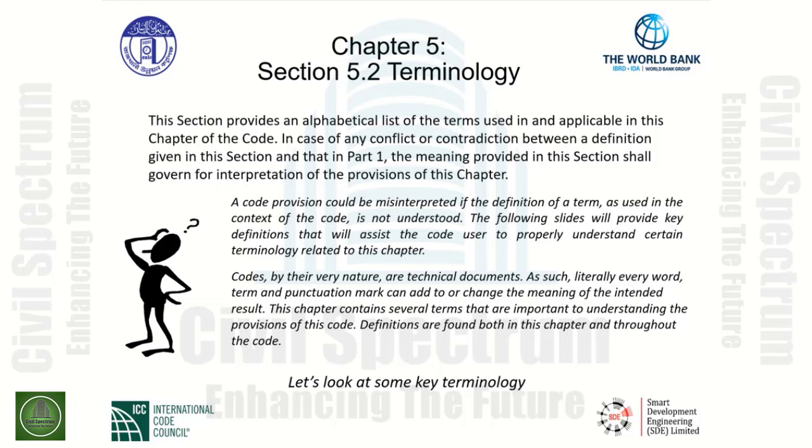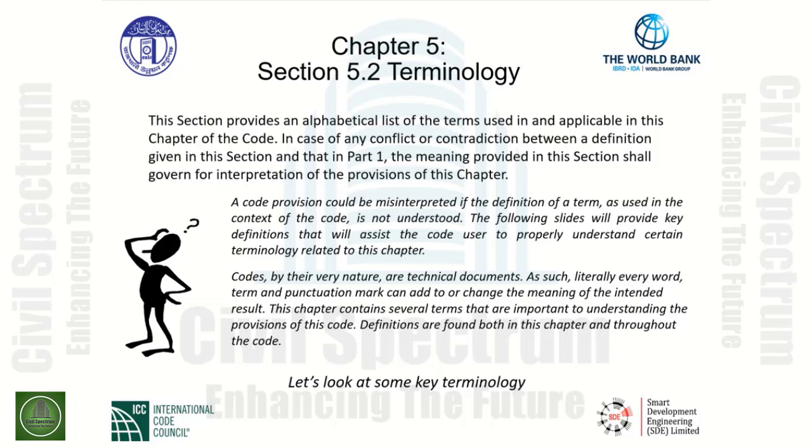In case of any conflict or contradiction between a definition given in this section and that in Part 1, the meaning provided in this section shall govern for interpretation of the provisions of this chapter. Therefore, the specific words in this particular area of the code are specific and take precedence over Part 1.